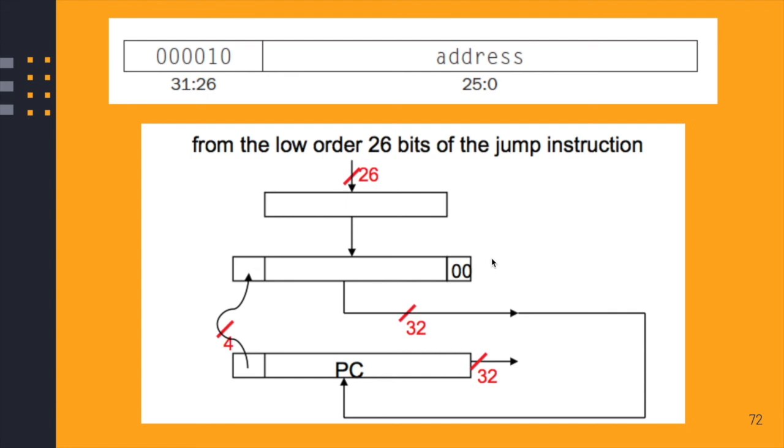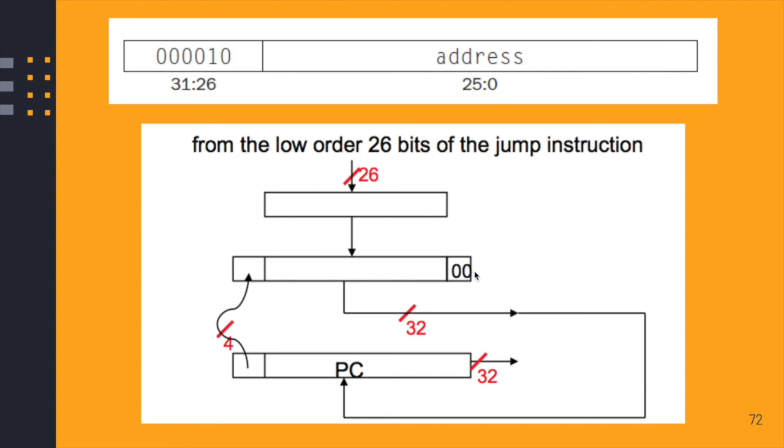We multiplied by 4 or shifted to the left by 2 without removing any bits from the 26 bits. It's very important. We did not cut any bits. We kept the 26 bits, but we added 2 zeros to the right. Now I have 28 bits.